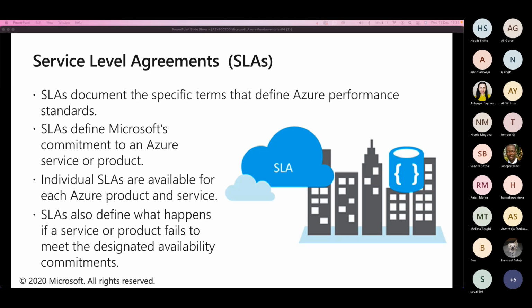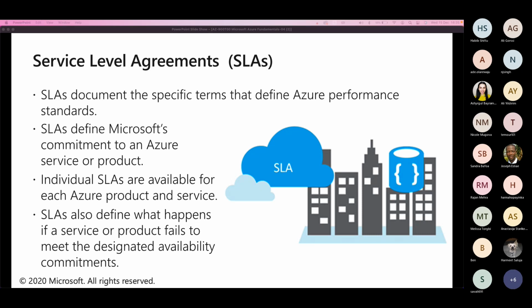So there are customizable ones for each setup. They have offers and services which they offer, and it defines what happens if the service or product fails to meet the designed availability commitments.